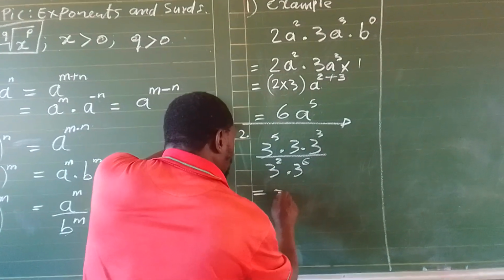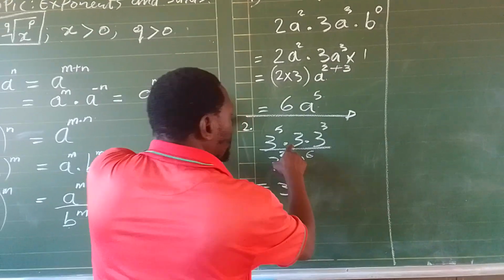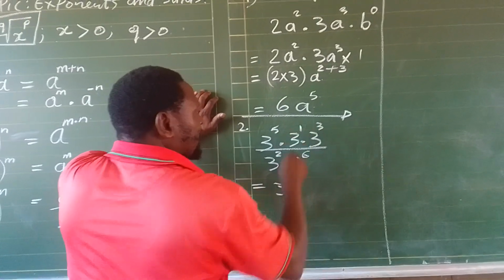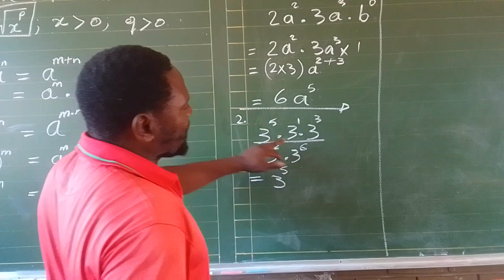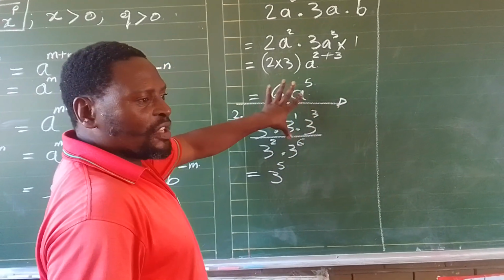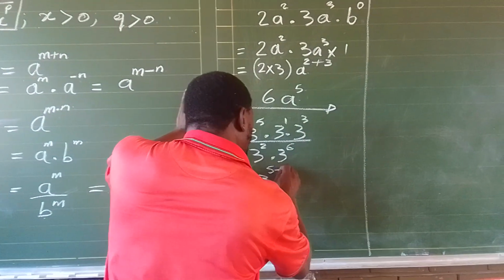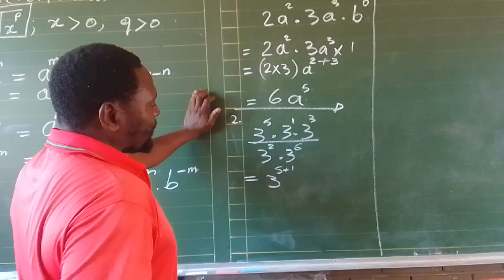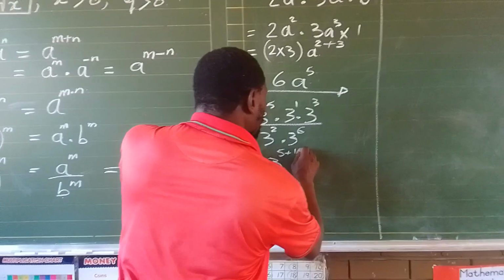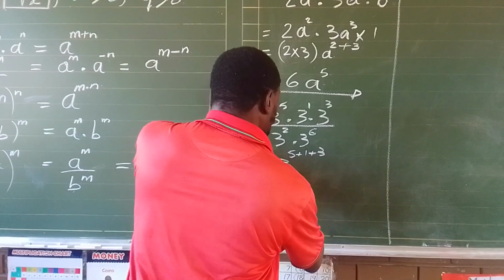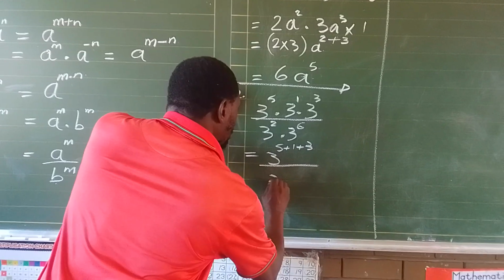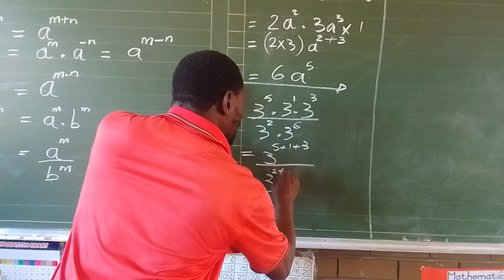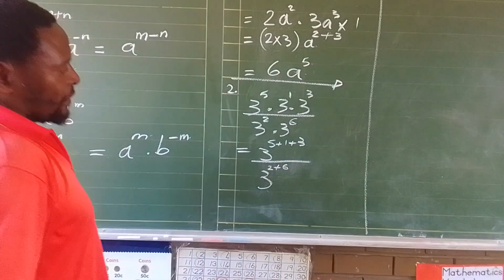So this is 3 to the power 5 plus 1. A number that sits on its own, the power is going to be 1. Plus 1, plus 3, divided by 3 to the power 2 plus 6.